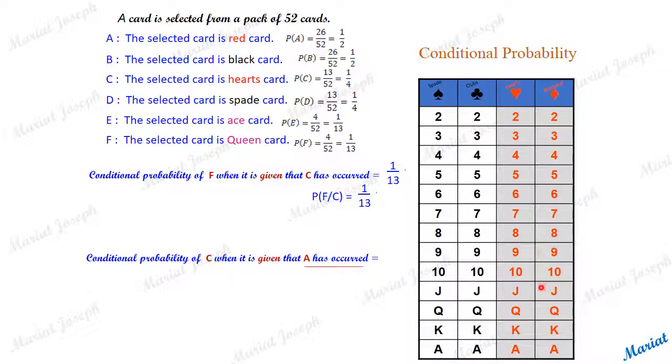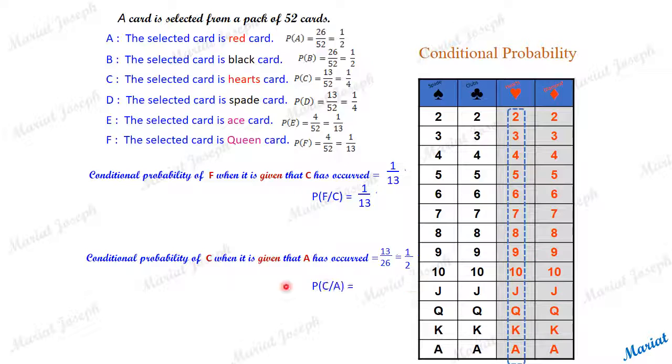There are 26 red cards, out of which these 13 are hearts. So this conditional probability will be 13 divided by 26. So 13 by 26 is the conditional probability, which simplifies to half.